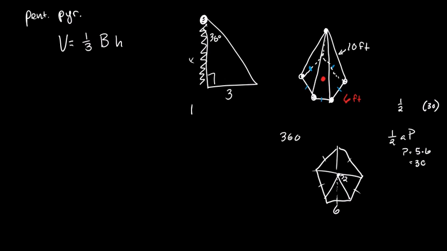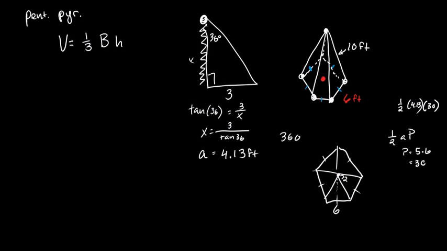So I will be using tangent of 36 equals 3 over x, and just like in the last problem, I'm going to multiply each side by x and divide each side by tangent. So x equals 3 over tangent of 36. My apothem, or x here, is going to round to about 4.13 feet.